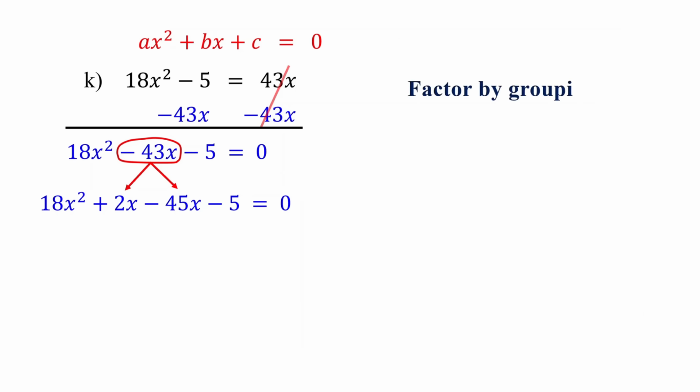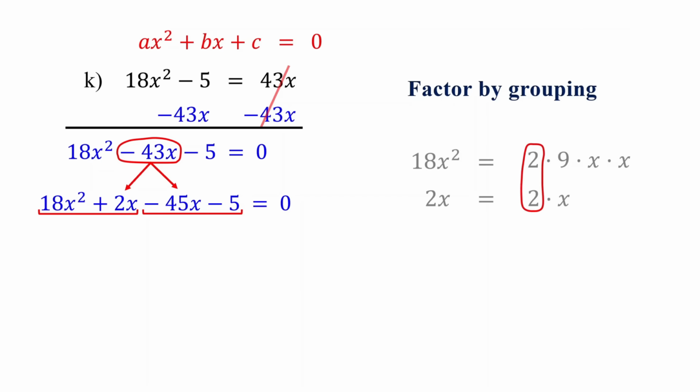Next, factor by grouping. Group the first two terms together and the last two terms together, and then factor out the GCF from each group. In the first group, the GCF of the numbers is 2, and the variable is x, so the GCF is 2x. Notice that here, 2x is the same thing as 2x times 1, so the other factor of this group is 9x plus 1.